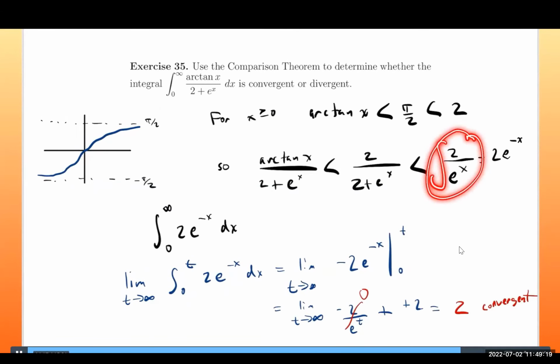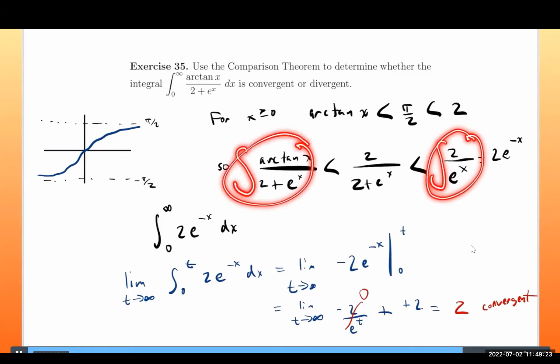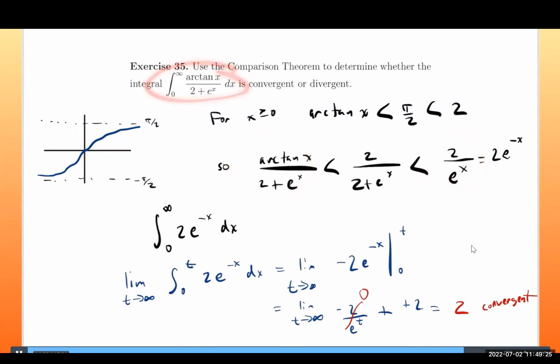And that's exactly what we needed. Because the integral of this function is convergent, and it's bigger than the integral of this function, by the comparison test, the original function must also be convergent. So let's write that.